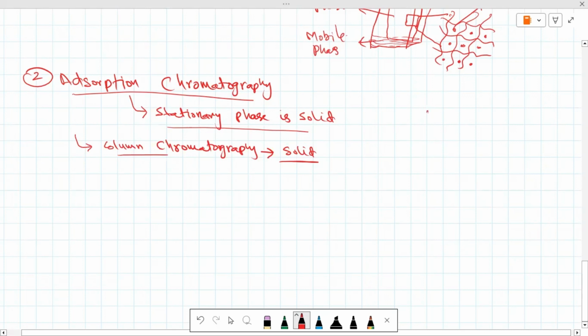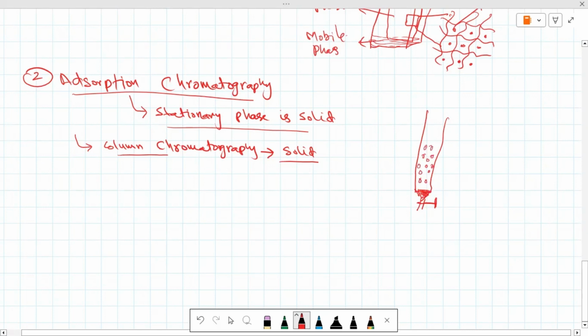So, for example, if we have a column like this one, which I already explained, we have cotton swab or cotton wool over here. Then we have our stationary phase.